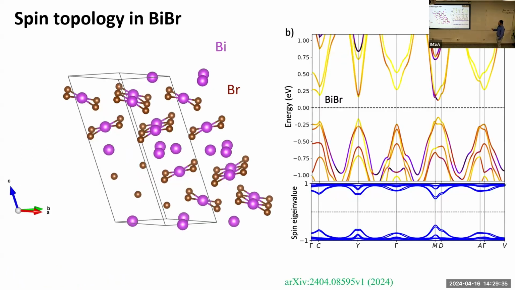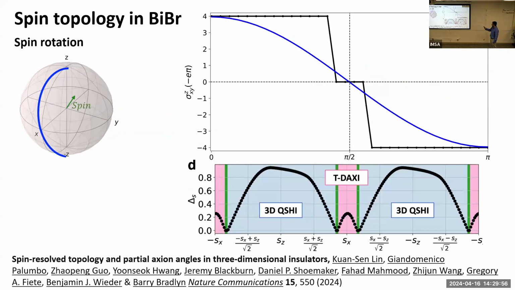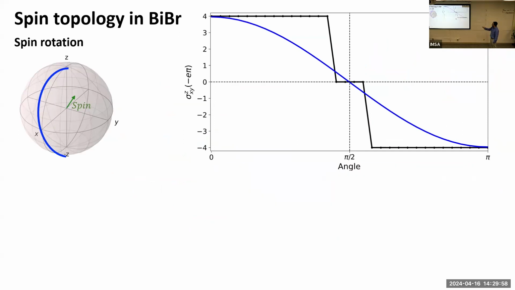Finally, we took this material from the Nature paper to test our results. We, for example, bismuth bromide have bandgap energy in the spectrum, but also a bandgap in the spin spectrum. But when we calculate the spin Hall conductivity and the spin average extinction number, it is different from 0. It's 4 for all cases.